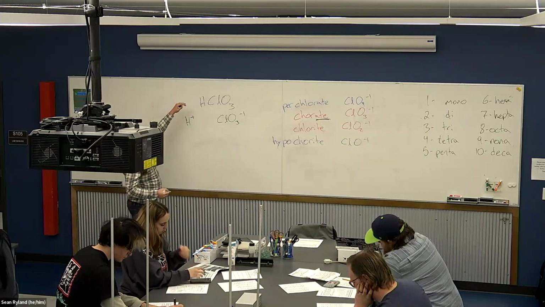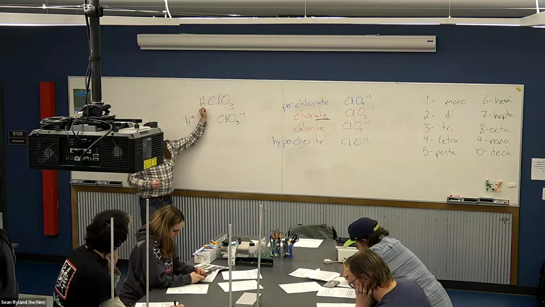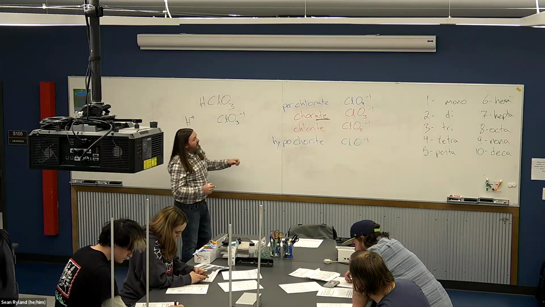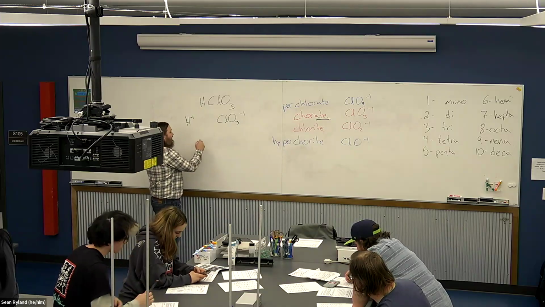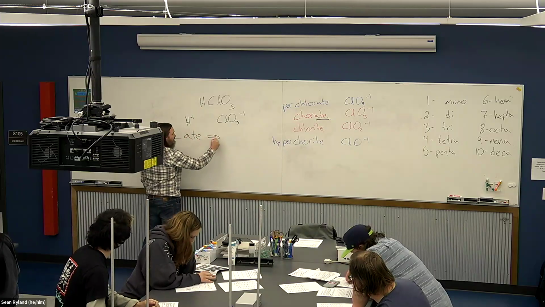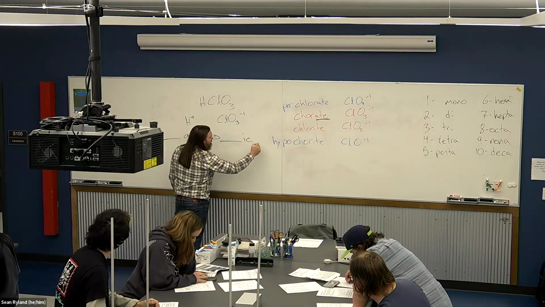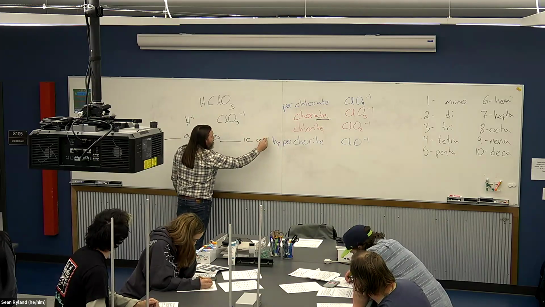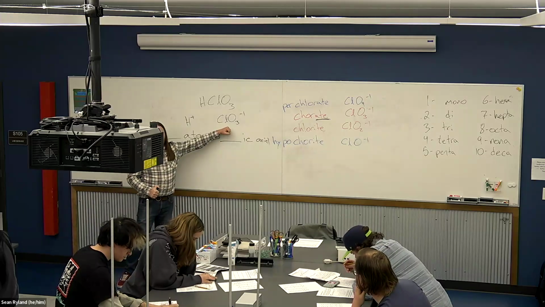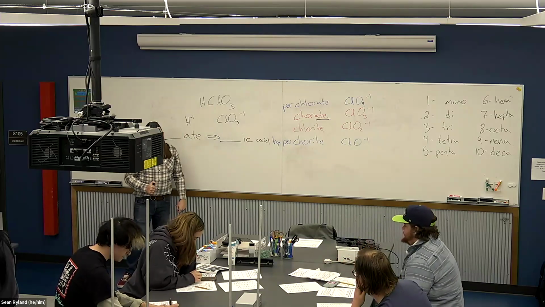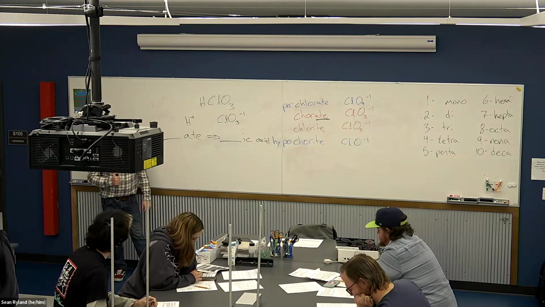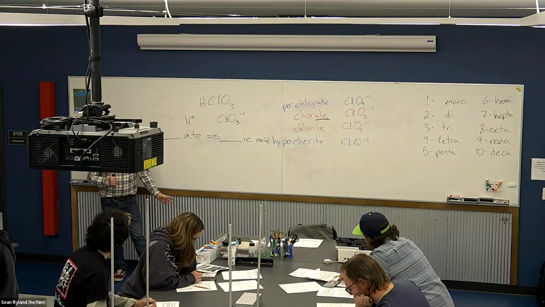Anytime you've got something that starts with an H but looks like an ionic compound, if it's ate, you drop the ate and turn it into ic, and then you say the word acid. So this is chlorate, and this compound is chloric acid. I don't know why they don't just say hydrogen chlorate, but you don't for acids.